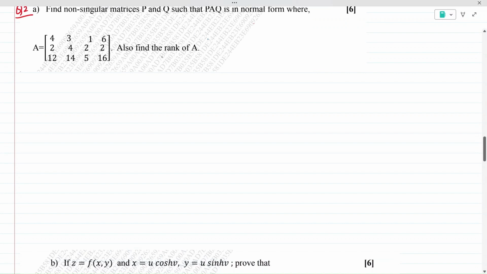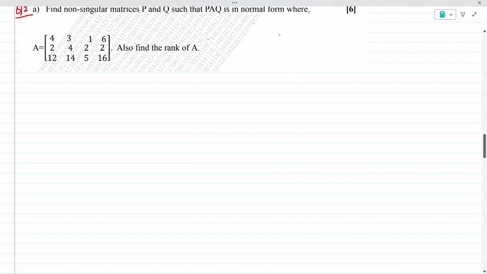Okay, now let's also observe that the matrix A, which is given to us, has order 3 cross 4, 3 rows and 4 columns. Okay, so I'll start by writing A is equal to I3 A I4. Now, what do I mean by this? I3 का मतलब है identity matrix of order 3 cross 3.